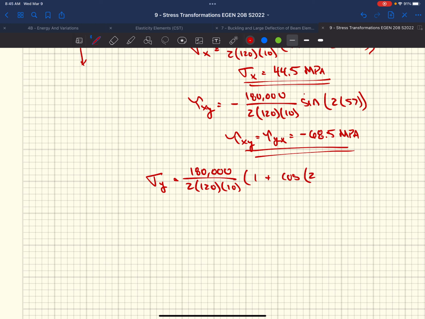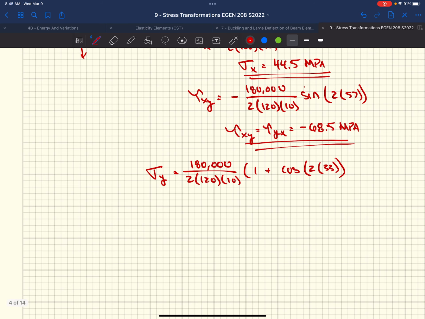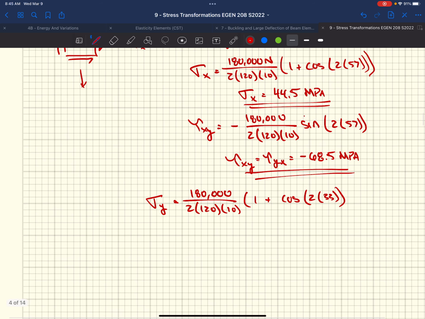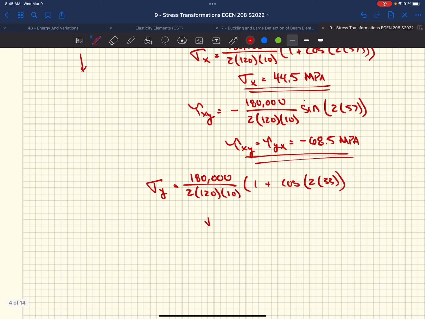Now we're using 33 degrees. It's really just 90 minus our 57, which gives us 33, because we're oriented 90 degrees off from our x-axis. So our theta is different because the theta we're looking at is from the horizontal. So we end up with sigma y equals 105.5 megapascals.